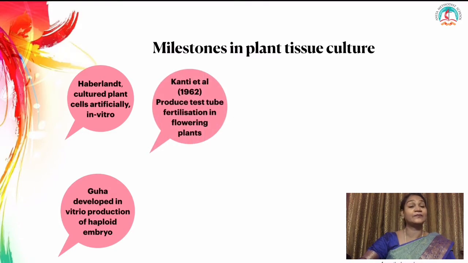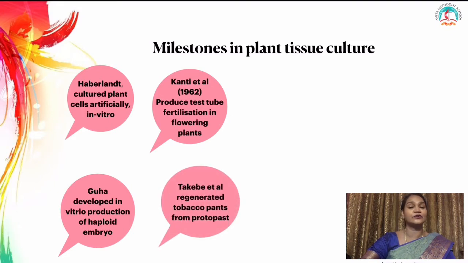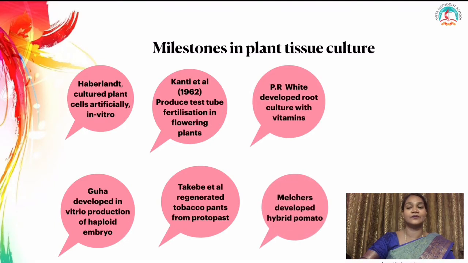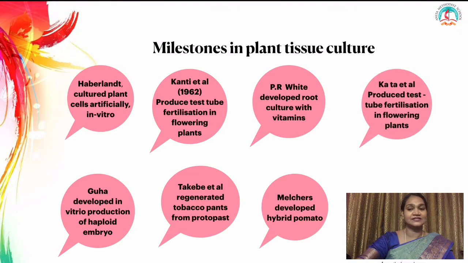Tegbe et al. produced regenerated plants from tobacco. P.R. White developed the root culture with vitamins. Melchers developed the hybrid potato plus tomato. And Carter et al. produced test tube fertilization with flowering plants. Now, these are some of the scientists involved in the study of plant tissue culture.